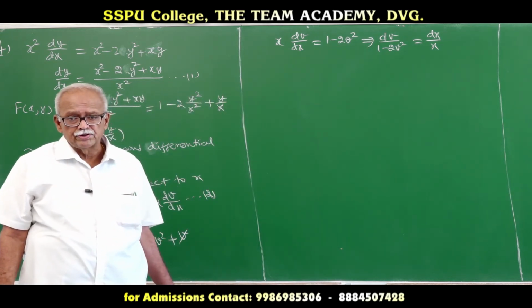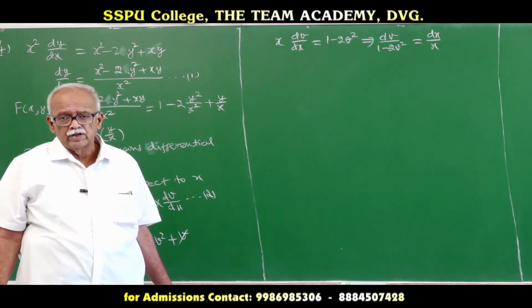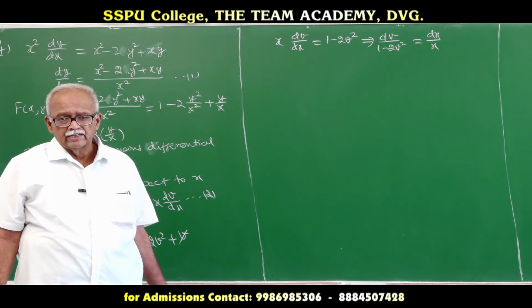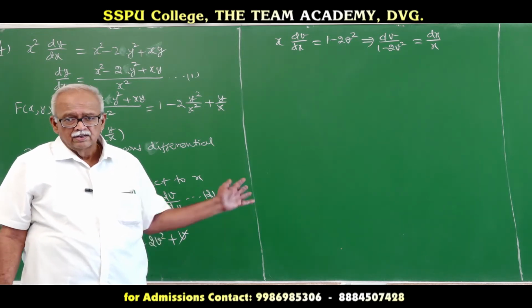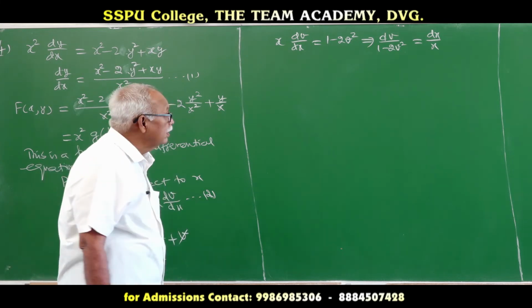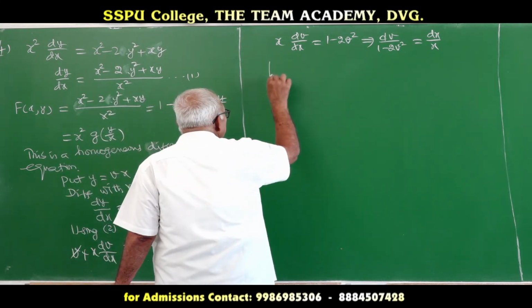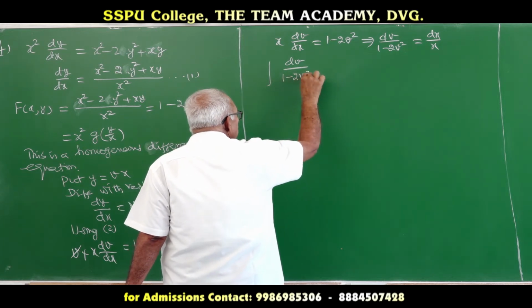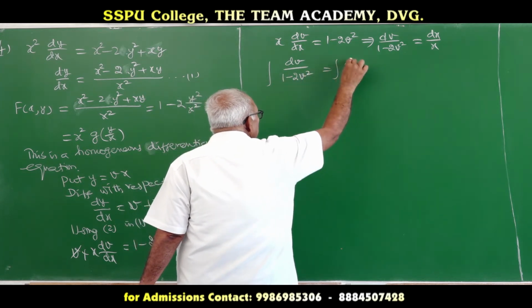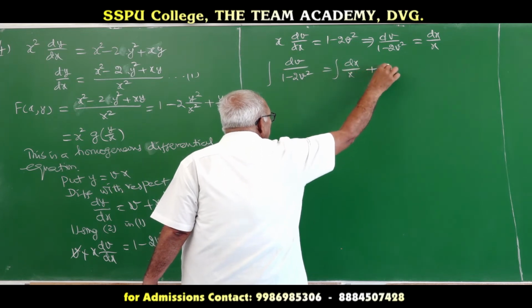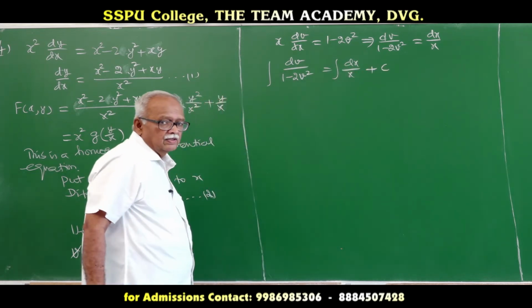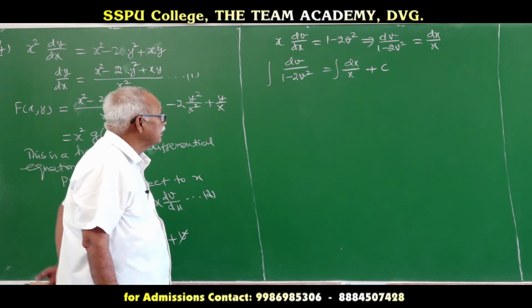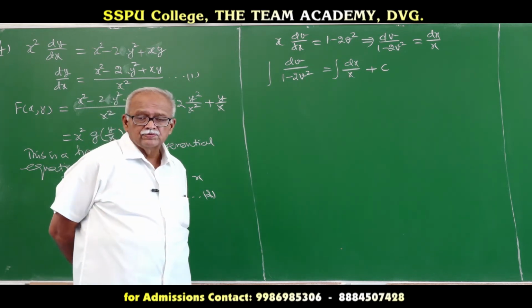So variable separable is also over. After taking the substitution and simplifying, one of the variables y is eliminated. Now x and v are the variables. Now we are getting variable separable. Now integrating: dv by 1 minus 2v square is equal to dx by x plus c, a constant c. Now how to integrate this?